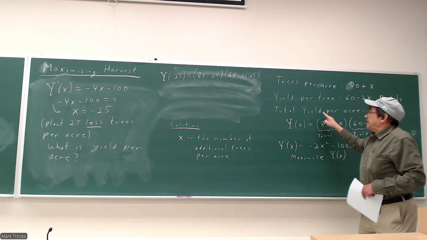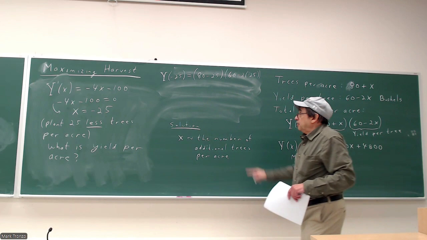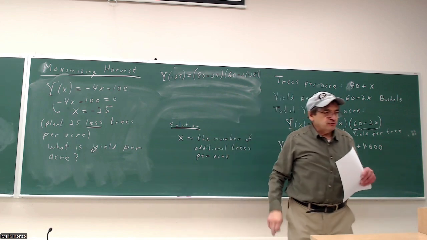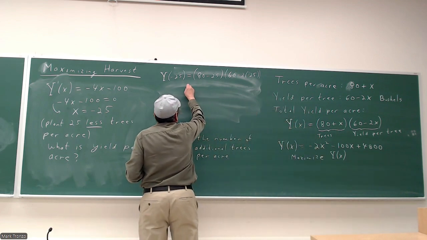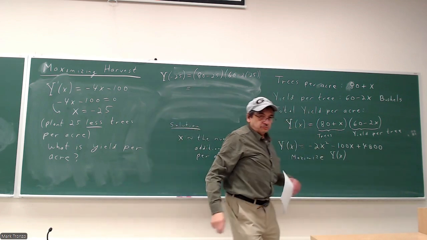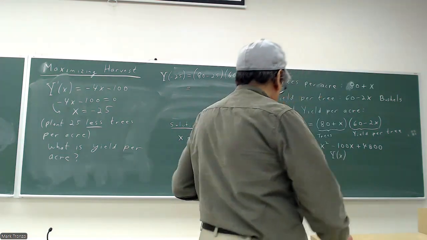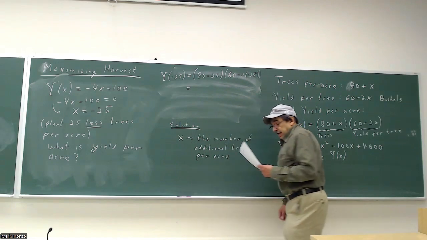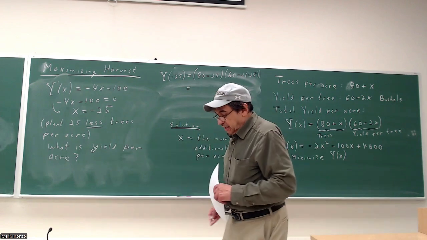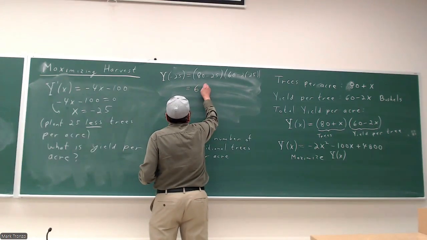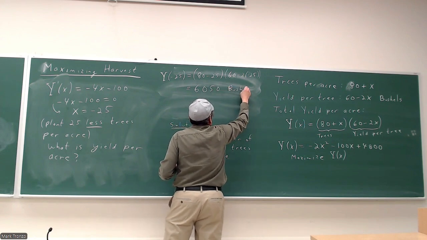Of course, the yield per tree goes up because we're planting fewer trees, so there are more nutrients for the trees that are there. Let's calculate this. If I put this into my calculator correctly, I got 50 bushels per acre.